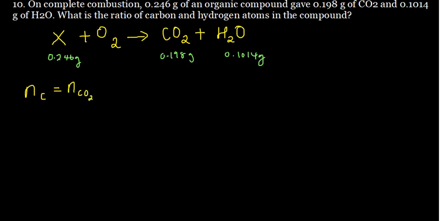And how do you determine the number of moles of carbon dioxide? That is given by mass over molar mass. The mass of carbon dioxide given is 0.198. We need first to determine the molar mass.